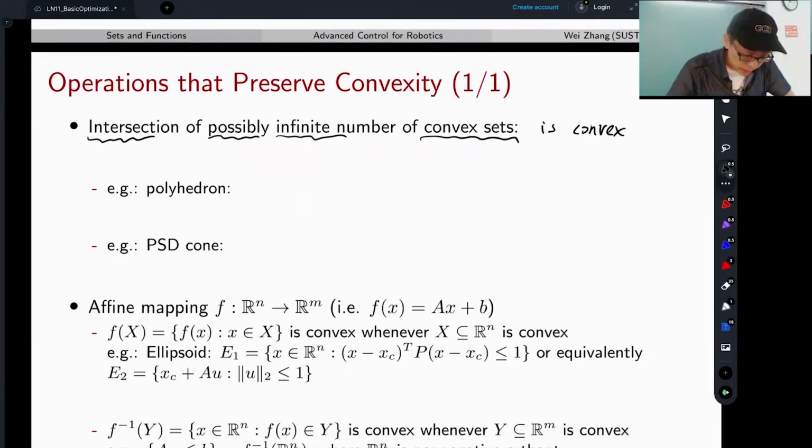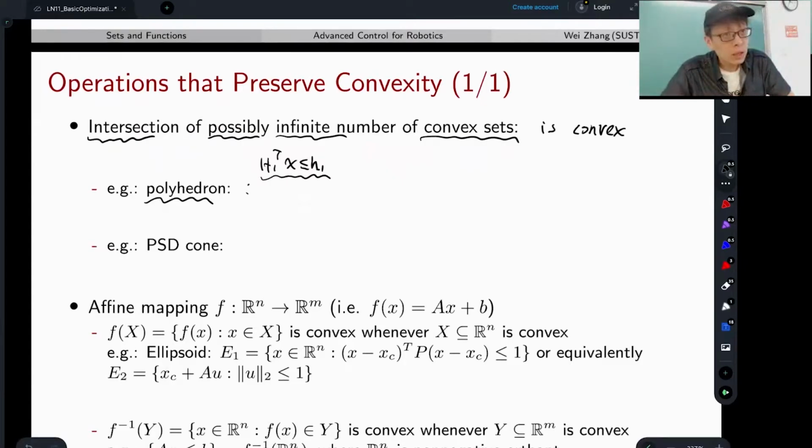Suppose you know polyhedron is that, right? So polyhedron is H1 transpose x less than h1. This is a convex set, by the way. This is an affine set, which is always convex. I have another one. This is another convex set.